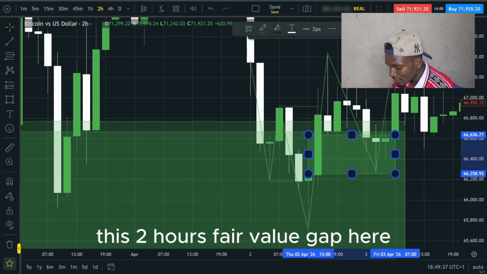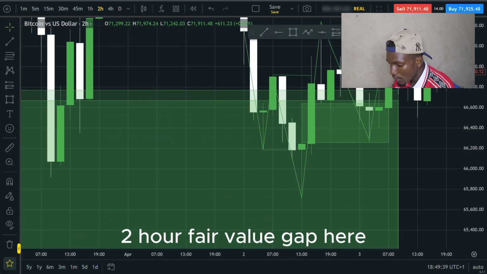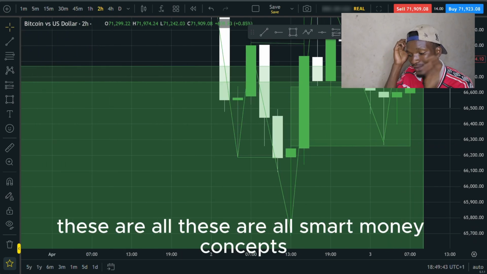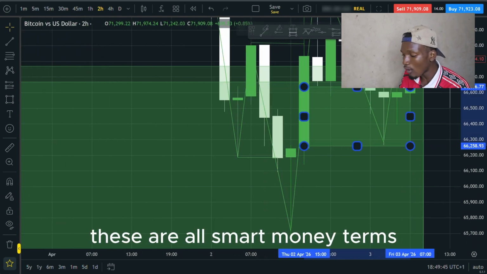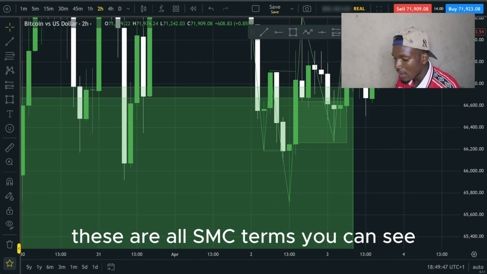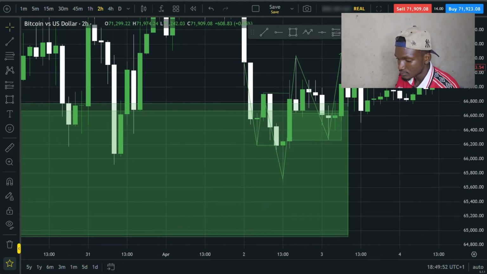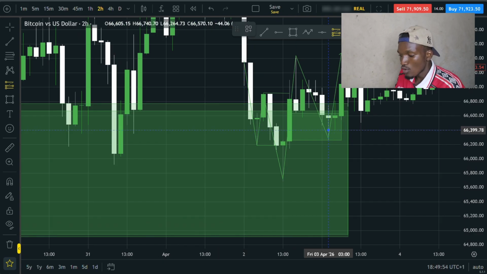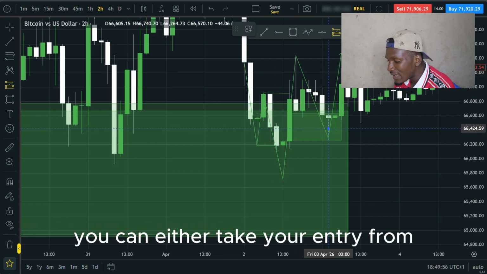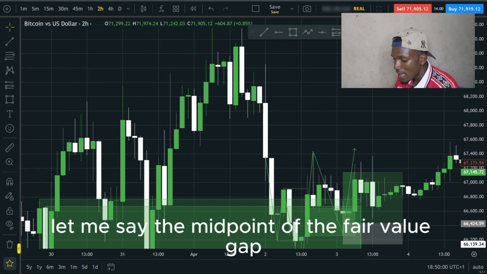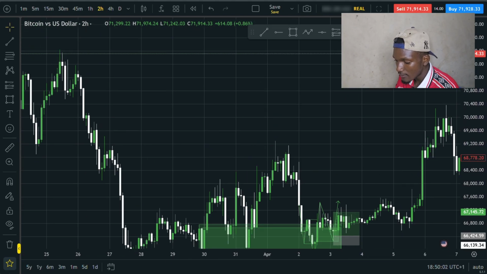These are all smart money concepts, SMC terms. So you can either take your entry from, let me say, the midpoint of the fair value gap, and your stop will be here.